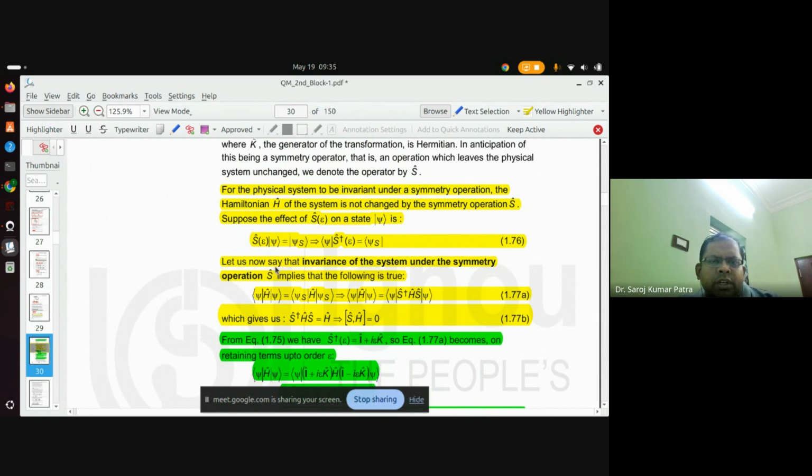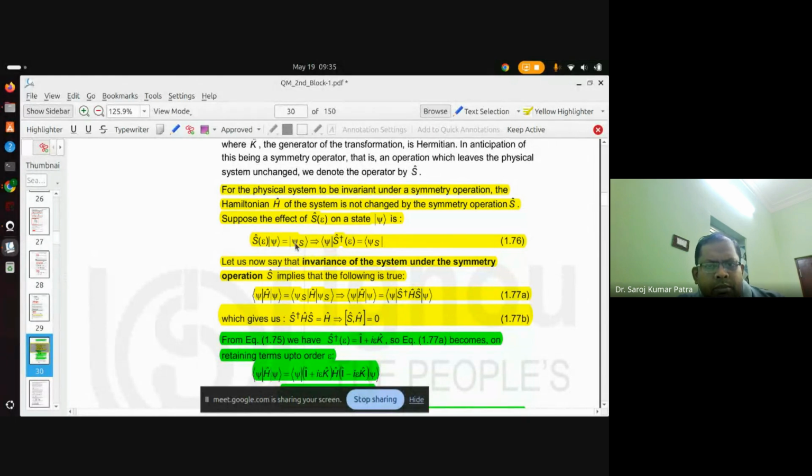If we take in general a symmetry operation S, where the change epsilon is a very small change, it could be a space translation or a small angle rotation. Then S epsilon operating on psi will give rise to the transformed state, which is psi S.